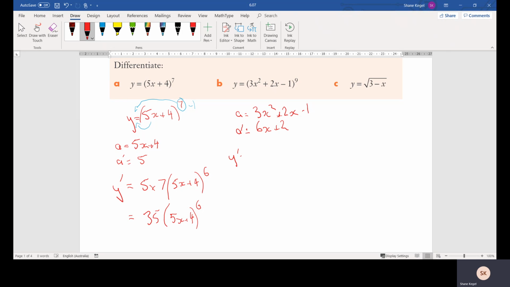So therefore, y dash equals the derivative of my function, which was 6x plus 2, multiplied here by, and then I just treat it like normal. So bring the 9 down, multiply it by 9, keep what's in the brackets, which is 3x squared plus 2x, take 1 to the power of 9.